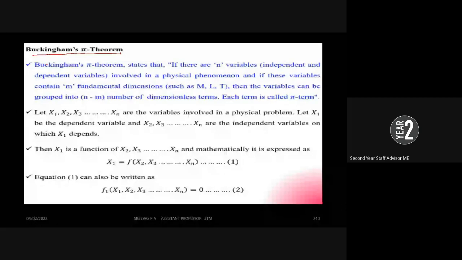So according to Buckingham's Pi theorem, if there are n variables, both independent and dependent variables, involved in a physical phenomenon, and if these variables contain m fundamental dimensions, then the variables can be grouped into n minus m number of dimensionless terms. Each term is called a pi term. So this is the statement of Buckingham's Pi theorem.